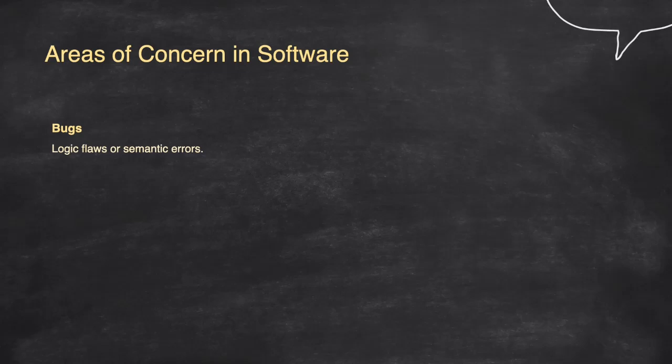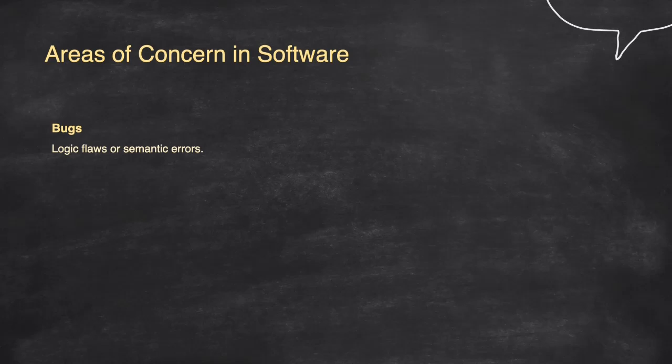Ladies and gentlemen, bugs in software are essentially mistakes or flaws in the code that cause it to behave unexpectedly or incorrectly. These can come in many forms, but two common types are logic flaws and semantic errors. Friends, logic flaws occur when software instructions are incorrectly designed, leading to undesirable outcomes even though the code technically runs.